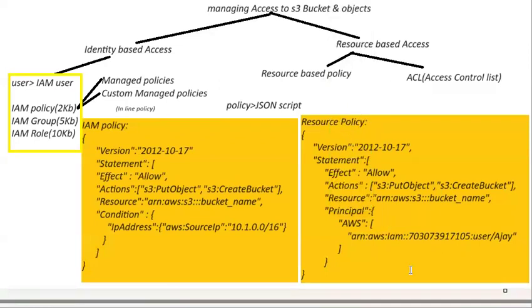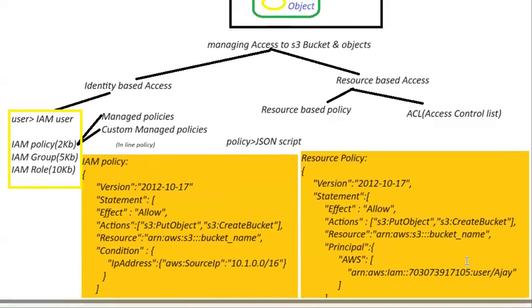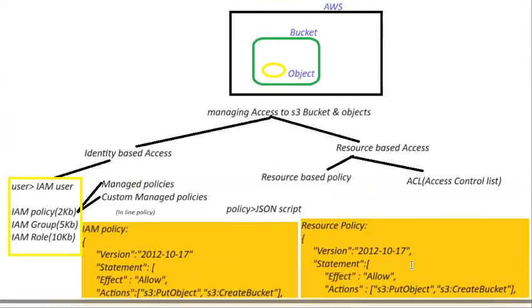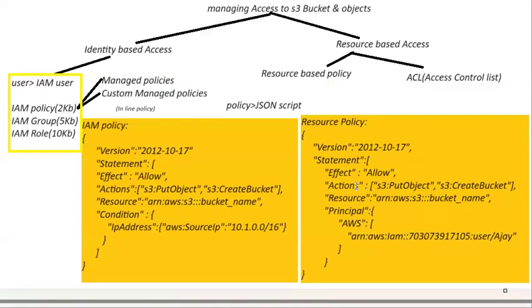Yes, we can provide access to our resource by specifying that particular person here. So here you give the particular external account ID, and then on that you have the user. That is provided here. In that way, you can provide this bucket access to other AWS account users as well by using resource based policies.